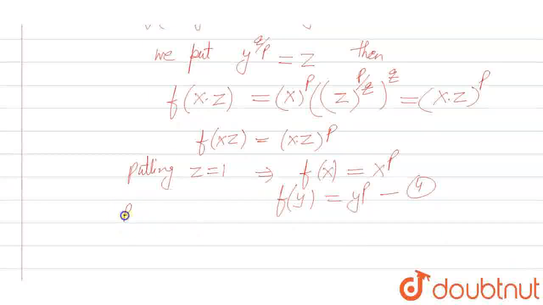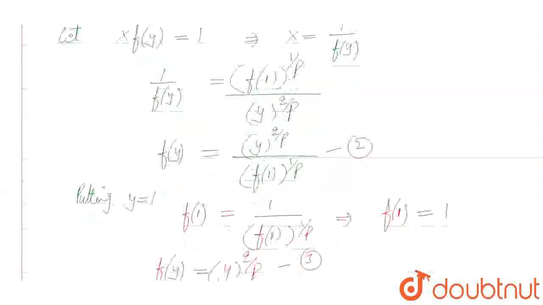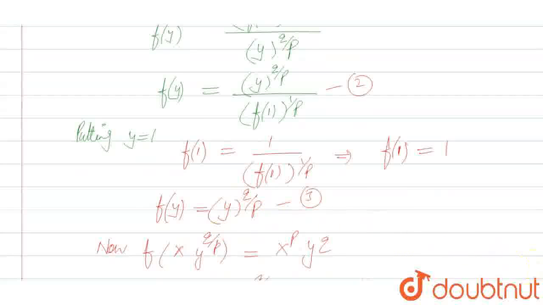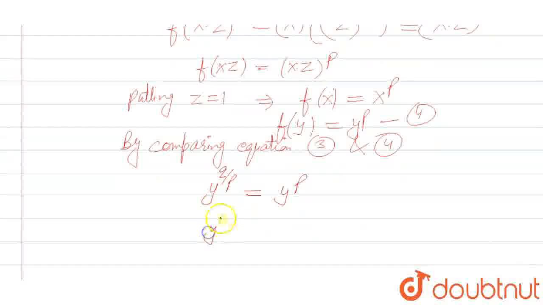So by comparing equations 3 and 4, we can say that from equation 3 we have y^(q/p), and from equation 4 the value of f(y) is y^p. So we can say that y^(q/p) is equal to y^p. So q/p, their powers should be the same.